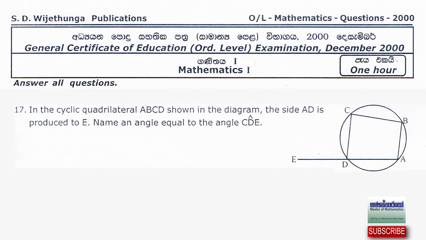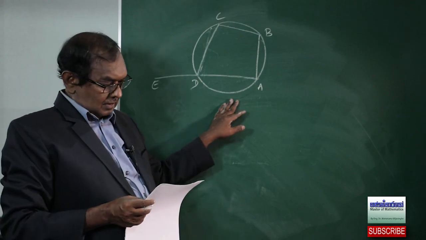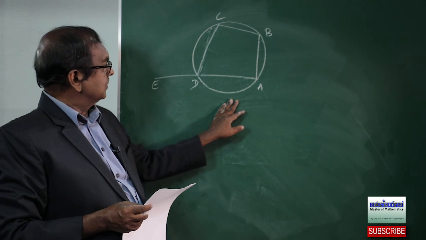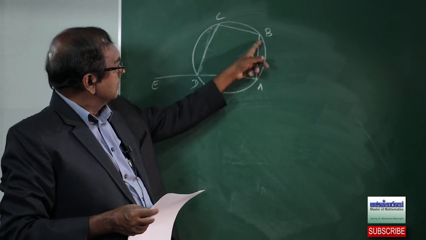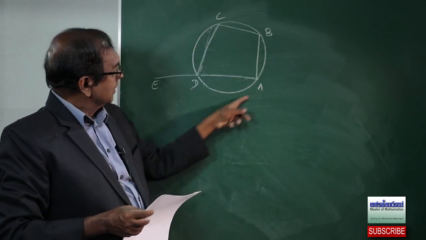In the cyclic quadrilateral ABCD shown in the diagram, the side AD is produced to E. Name an angle equal to the angle CDE. This is a cyclic quadrilateral, that means it is included in the circle.